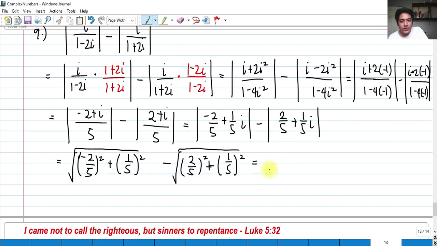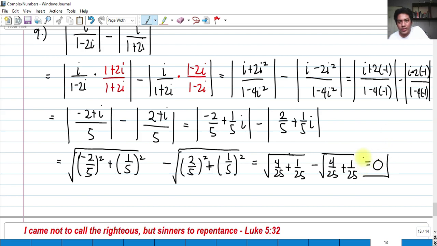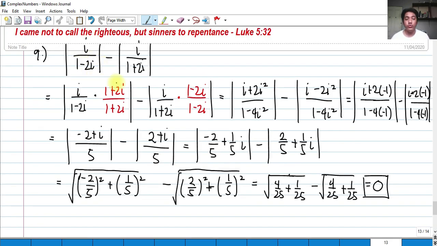So we have the square root of 4 over 25 plus 1 over 25 for the first term, minus the same, 4 over 25 plus 1 over 25. So obviously, this has to be equal to 0 because they are really the same. So the modulus of this problem is equal to 0.